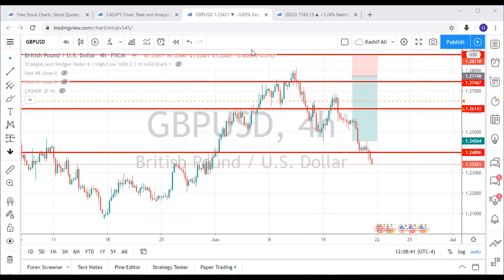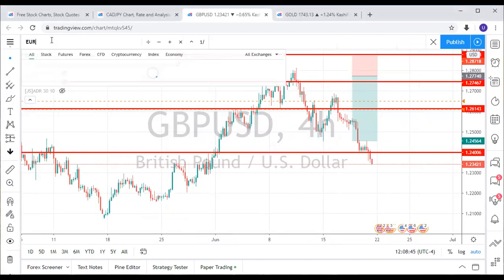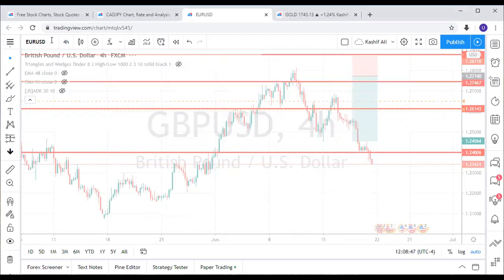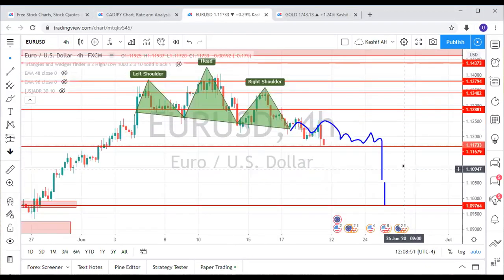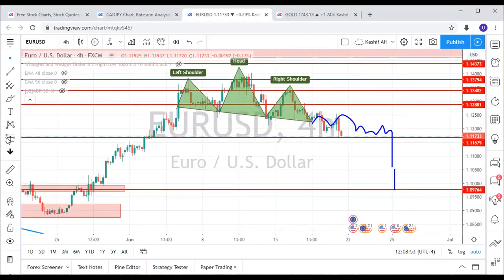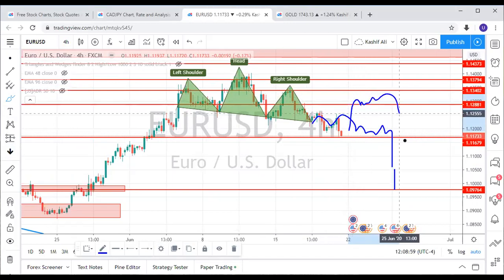Okay, I can have a look at Euro USD. What is it doing? Euro USD. I would take a trade once it retests this level here. I will take the trade.